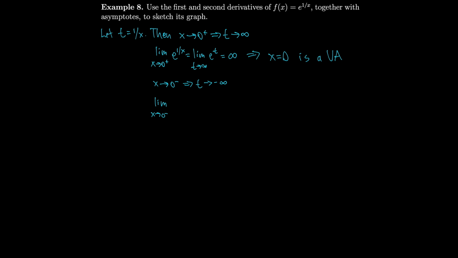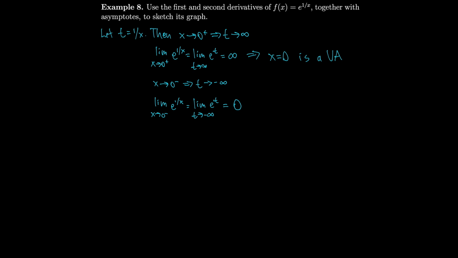As x goes to 0 from the left of e to the 1 over x, that equals the limit as t goes to minus infinity of e to the t, which you might think is going to be minus infinity, but it's not, because e to the minus something just makes it 1 over e to the something. So this is 1 over a giant number, which is 0. Dividing by a giant number is very small.